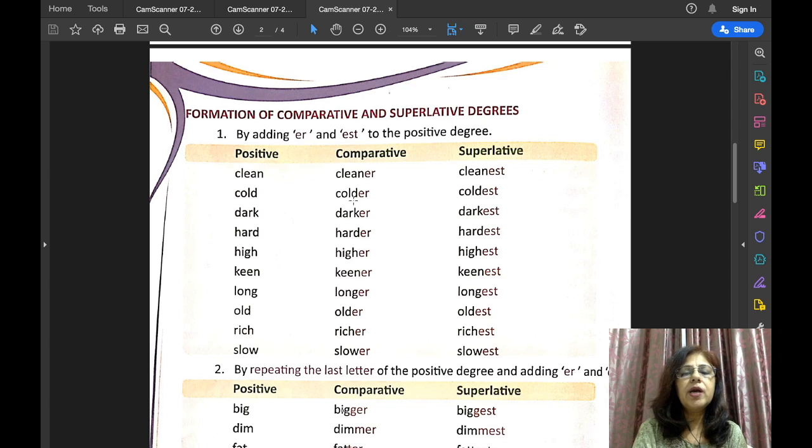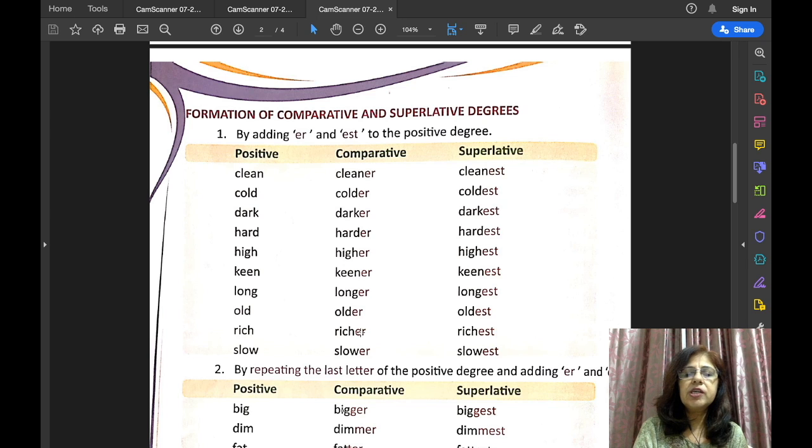Cold, colder, coldest. Dark, darker, darkest. Hard, harder, hardest. High, higher, highest. Keen, keener, keenest. Long, longer, longest. Old, older, oldest.